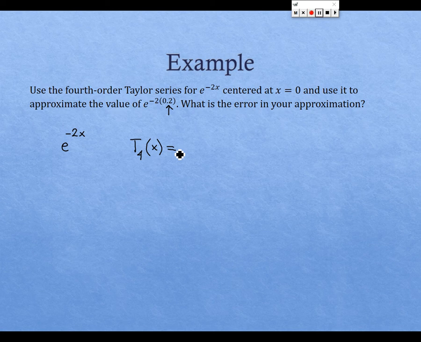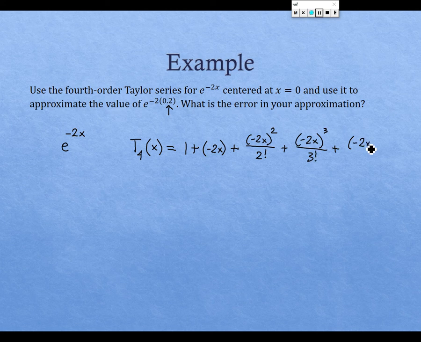So it'll be 1, right? Plus, do we know the power series for e to the x? Plus x normally, except now we have a negative 2x instead. We'll simplify later. Plus negative 2x squared over 2 factorial plus negative 2x cubed over 3 factorial plus negative 2x to the fourth over 4 factorial.